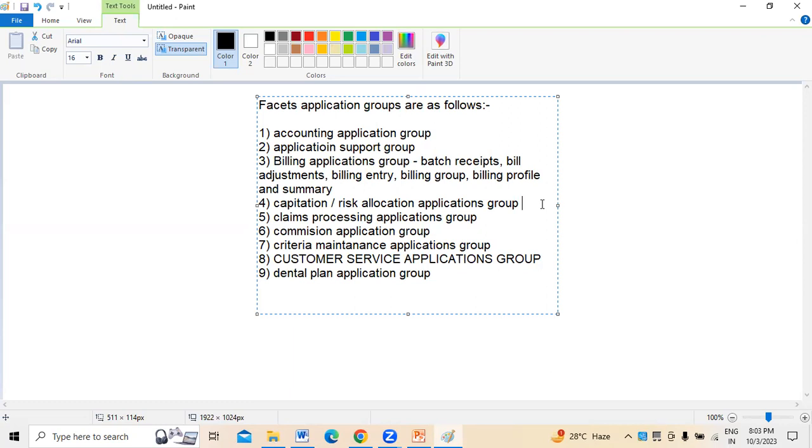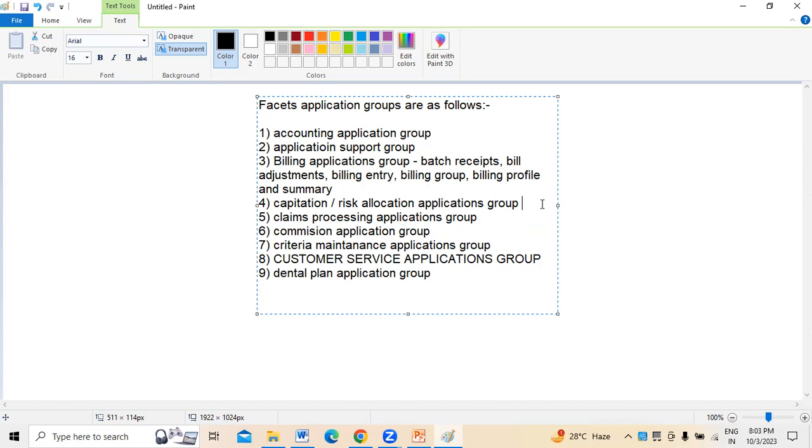At the same time, whatever the billing components, benefit summaries, followed by any administrative rules relating to the dental procedure, or any administrative information which has to be updated into the existing dental plans, or if there are any deductible rules which are essentially required for us to update, or if there is any explanation of benefit information you want to provide. All this information, followed by process control agent information, has to be updated under the dental plan applications group.